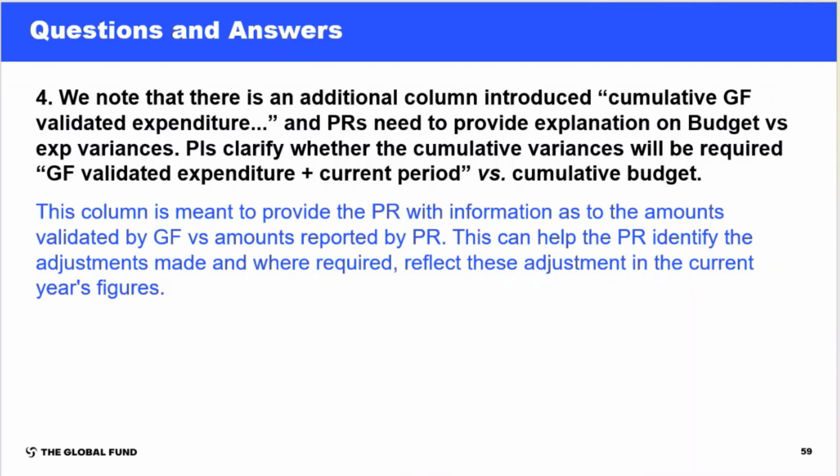So this column is meant to provide the PR with the information on the amounts validated by the Global Fund versus the amount reported by the PR. And this will help the PR identify all those adjustments that should have been done, that were required, and reflect these adjustments in the current year's figures.